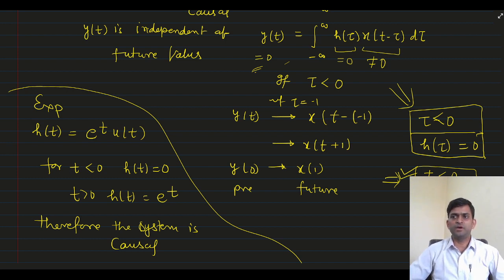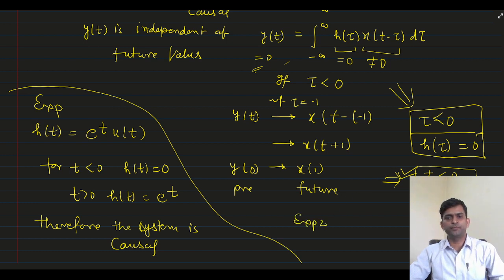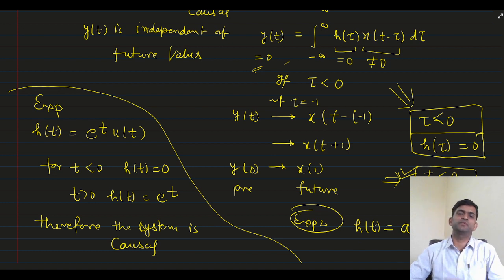For example number 2, if I have h of t equal to a, this exists from minus infinity to plus infinity.